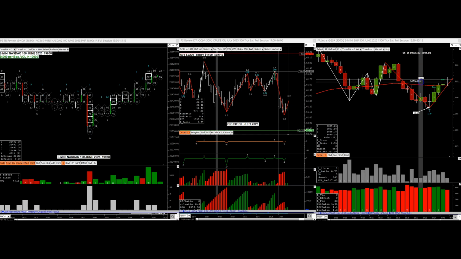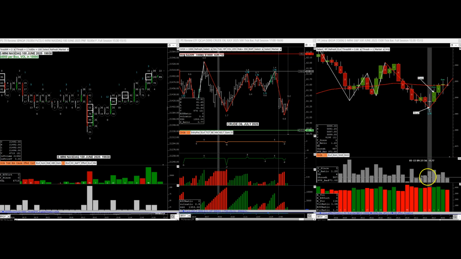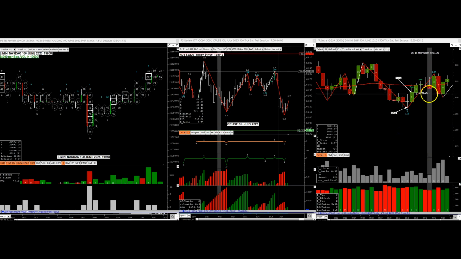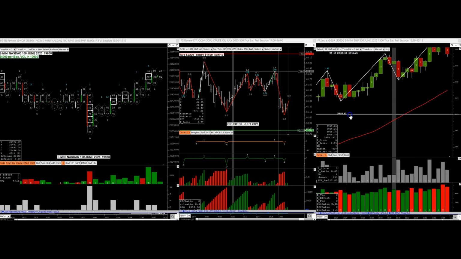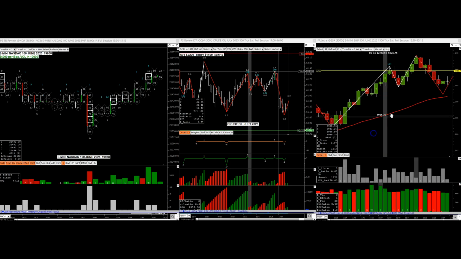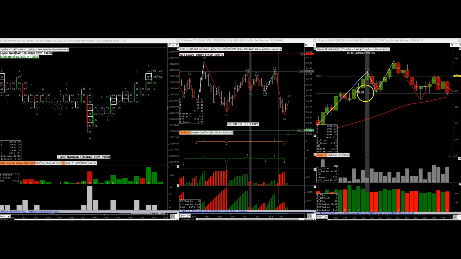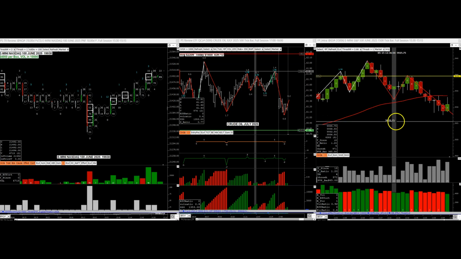Why is this ease of movement? Typically we're looking for two things. 1, expansion, a strong bull bar, or it should at least take out the high, preferably with a close above the high. So no other, okay, maybe here. Remember, why do we not take it?